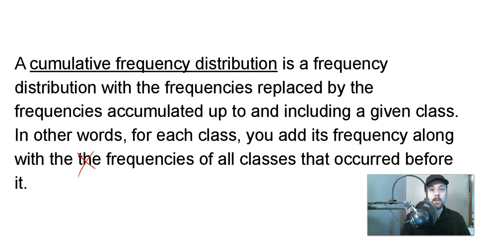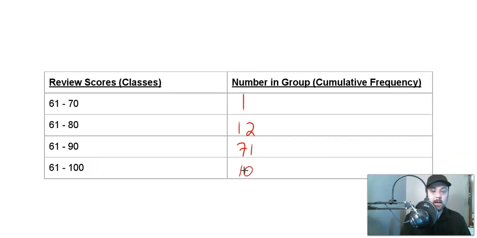And that's how you'll know that you've done this correctly, because the last cumulative frequency should equal the total number of data values in your set, which is 107. And so this is useful for seeing how the data values grow as you go from the low end to the high end. And you can see here we have a huge jump from 12 to 71.